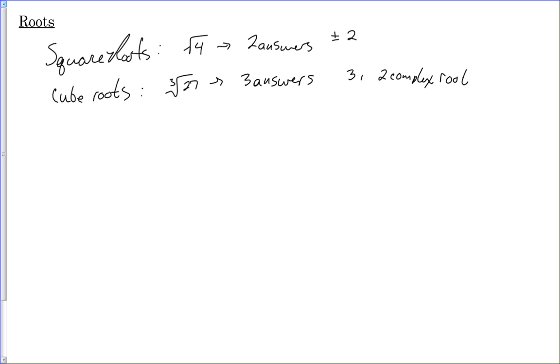So you always have as many roots as the root you're taking. Square root, obviously that means 2, so we're going to have 2 roots. Cube root, that means 3, we're going to have 3 roots. Fourth roots, we're going to have 4, and so on.